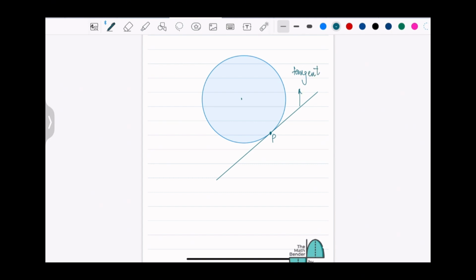And the relationship between the tangent and the radius from center O will always be 90 degrees. Not only radius, we call it at times normal to the tangent. So the relationship of these two is that it's going to be 90 degrees.